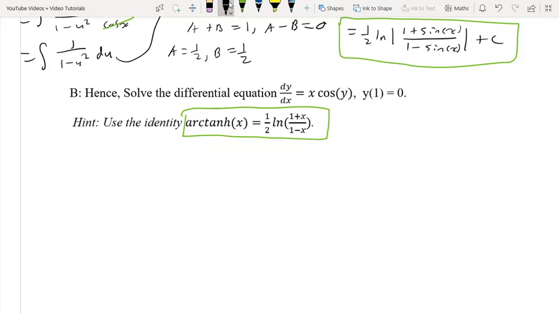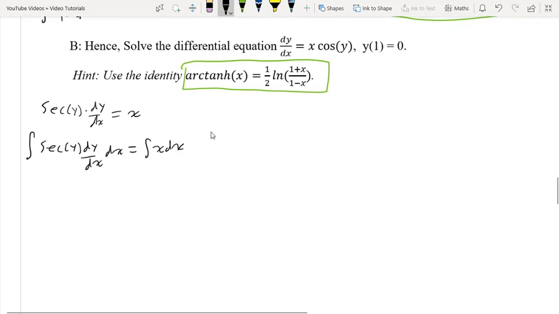So, of course, we know that we're trying to find sec y times dy/dx equals x. So we want to find the integral of sec y dy/dx with respect to x equals the integral of x with respect to x.